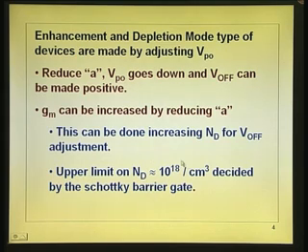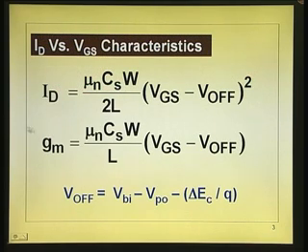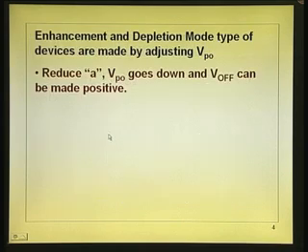Gm can be increased. Go back to the equation again. Gm can be increased by increasing capacitance, better coupling, and capacitance can be increased by reducing the thickness of the insulating layer that is present between the gate and channel.